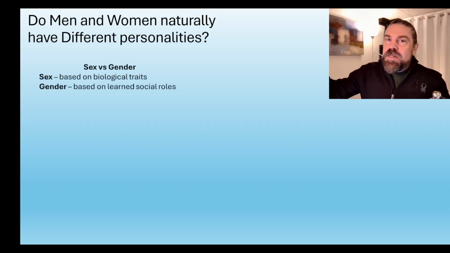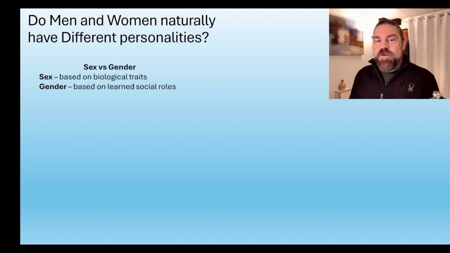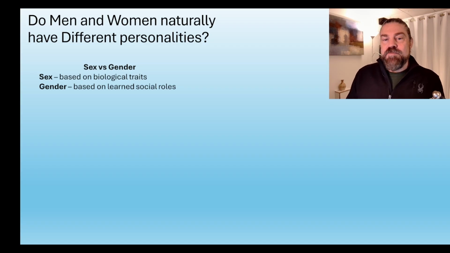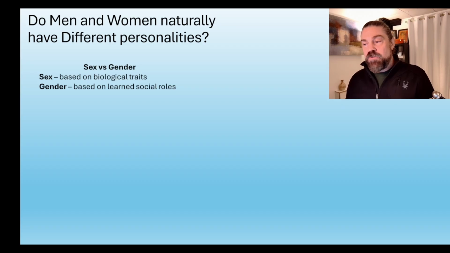To do that, you kind of have to go into sociological understandings of sex versus gender. Roughly, sex is used as the term to represent biological differences between men and women. There's all sorts of debates about where to put that dividing line between men and women, if there are only two genders, and that sort of thing. We're going to leave those to the side here.